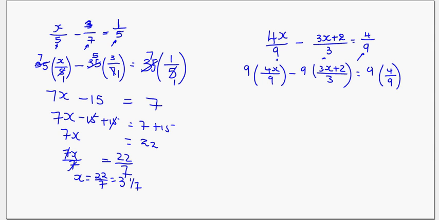And we know 9 into 9 is 1, 9 into 9 is 1. 3 into 3, 1, 3 into 9, 3. 9 into 9, 1, 9 into 9, 1. So 1 by 4x gives me back 4x minus 3 into 3x plus 2 is equal to 4. So that's what we have to deal with now.